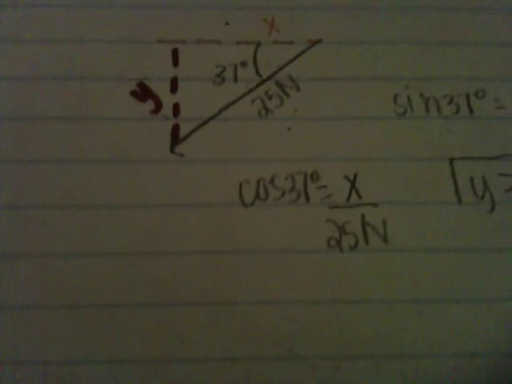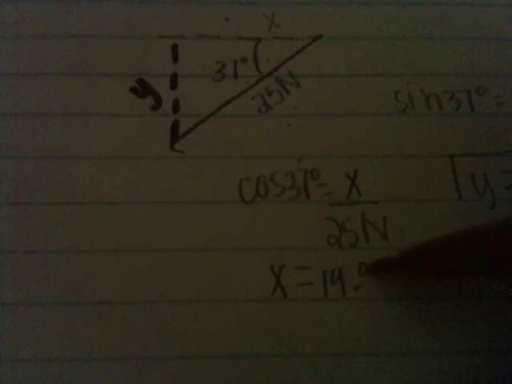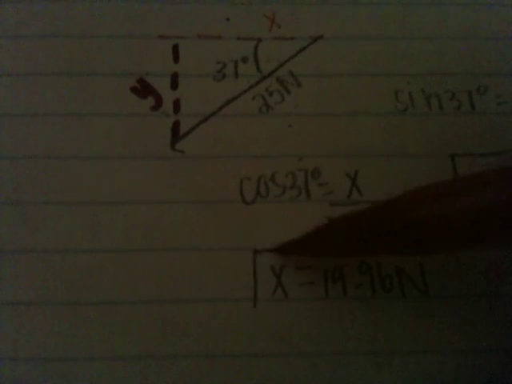So again, in your calculator, you're going to put in the cosine of 37 degrees, and multiply that answer by 25. And you should get an answer of 19.96 newtons. And that is our x component.